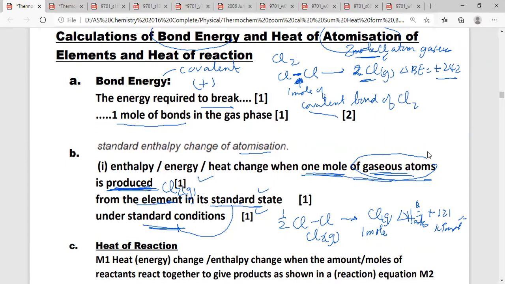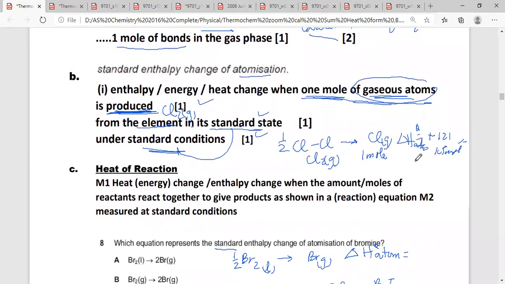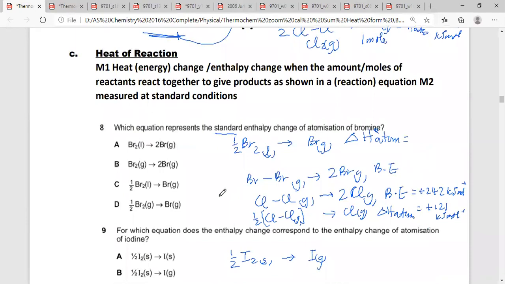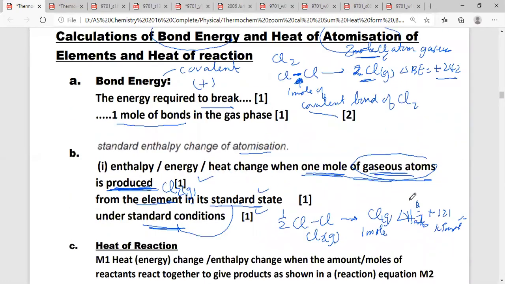Because if it's iodine, as you see later, like here, which equation represents the standard enthalpy change for atomization of bromine? Remember, this is for bromine. If it's a bond energy, it must be 1 mole of covalent bonds broken in the gaseous phase.